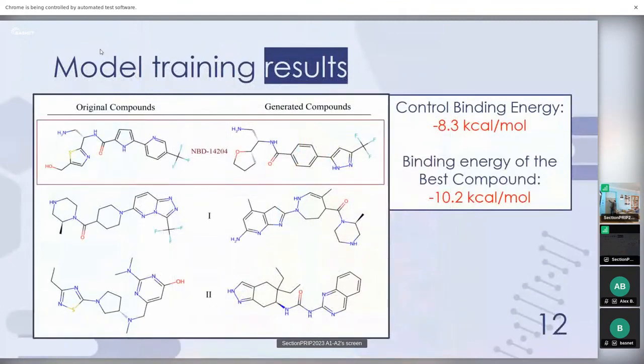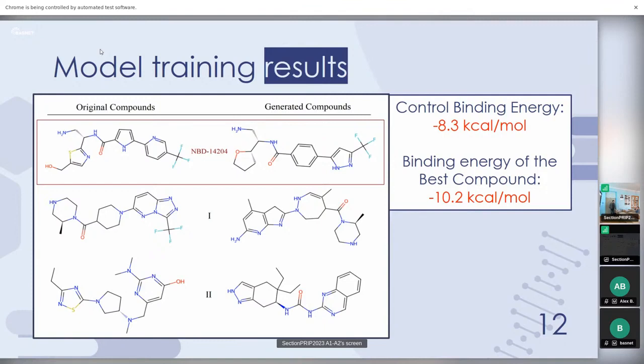For example, for NBD-1424, the energy is -8.3. But for our best compounds, the energy is -10.2.